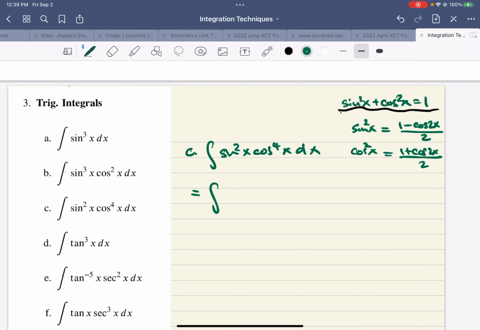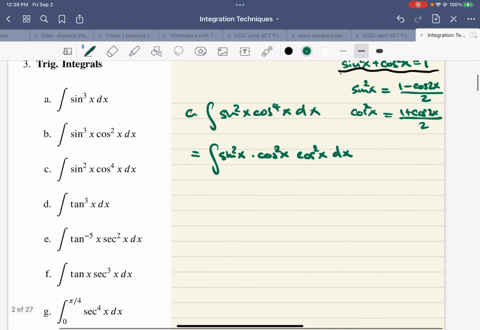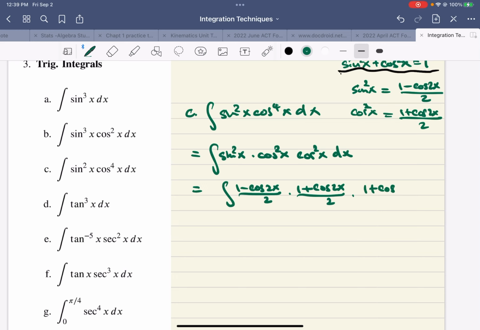So this one, I can say sine squared x, cosine squared x, cosine squared x dx. That's the first step. Now I'm going to apply that power reducing formula. So 1 minus cosine 2x over 2 times 1 plus cosine 2x over 2 times 1 plus cosine 2x over 2 and dx.